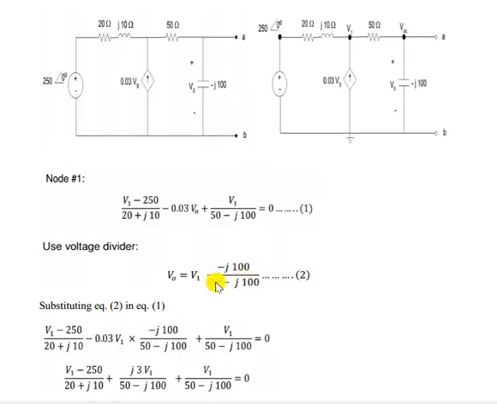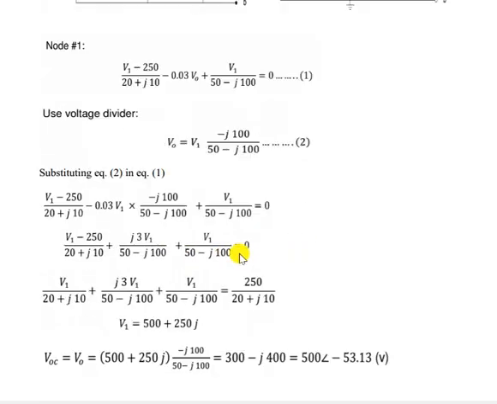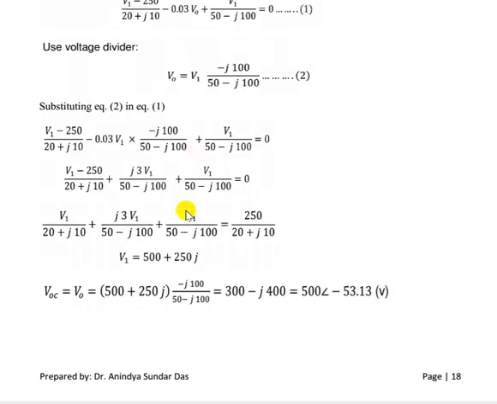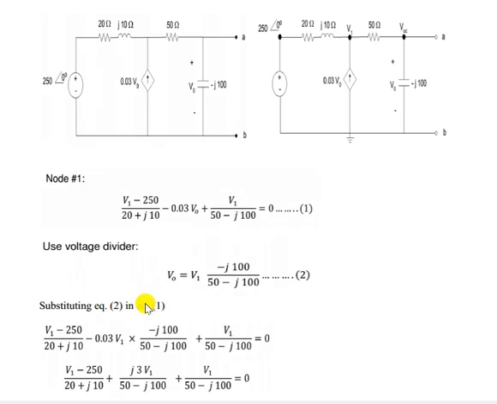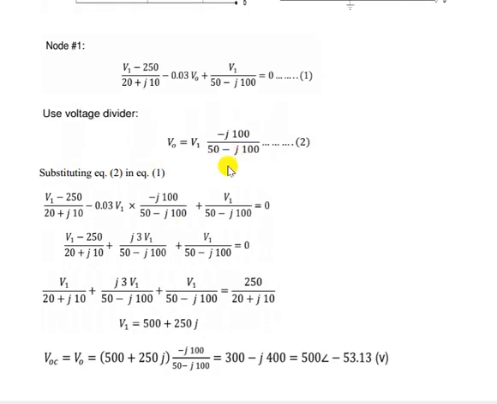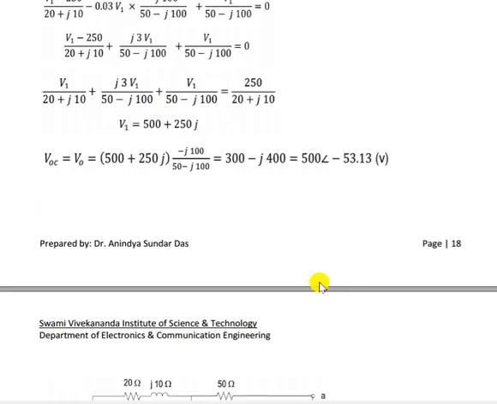Substitute 2 into 1, and if you solve it, you will get the value of V1. Then VOC is the voltage drop across this capacitor, that is V0. If you find V1, then you can find V0 using this formula, just by putting V1 here. So we got the value of VOC.